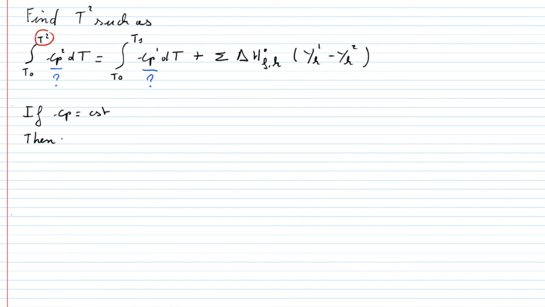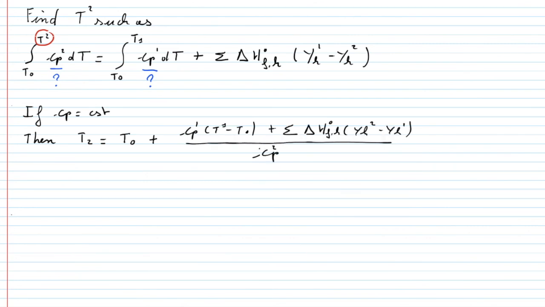It comes that T2 is equal to T0 plus Cp1 (T1 minus T0) plus the sum of the enthalpy of formation times (Yk2 minus Yk1), over Cp2. If you are in the specific situation where the fresh gas temperature equals the standard state temperature of 298 Kelvin, the equation is simplified.